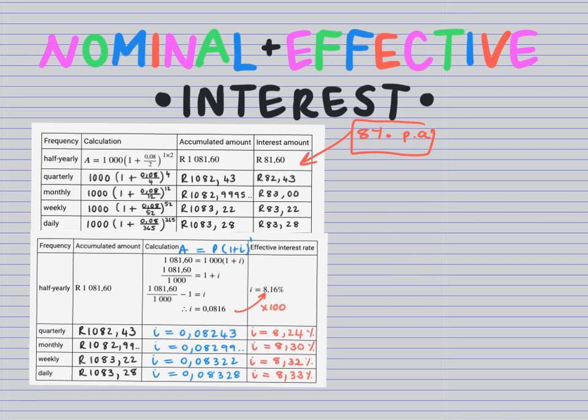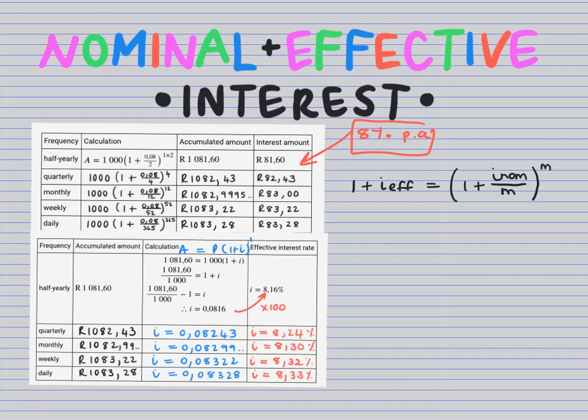And this is the formula that we use. We have that 1 plus I effective, right? So the effective interest rate is equal to 1 plus the nominal interest rate divided by however many times you are compounding, and we raise it to that same value.